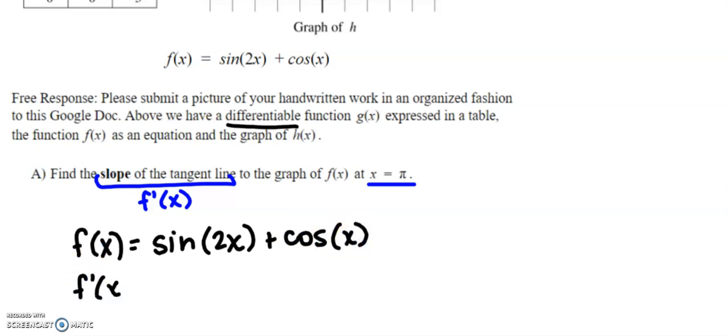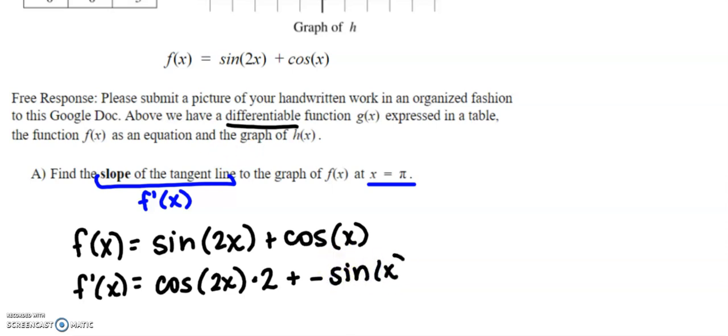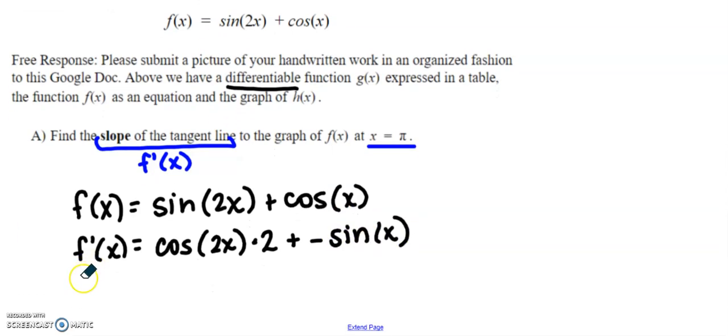So f prime of x, we're going to take the derivative of sine, which is cosine, leave the inside alone, times the derivative of the inside. So there's a point there for the chain rule. Then the derivative of 2x is 2. This is where we wanted to rely on your unit circle knowledge.